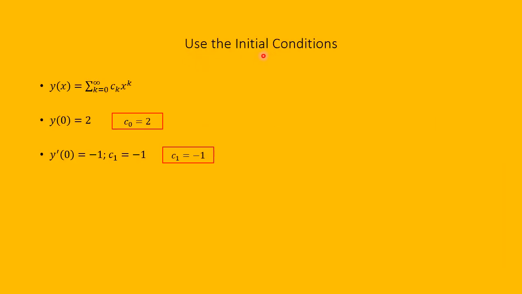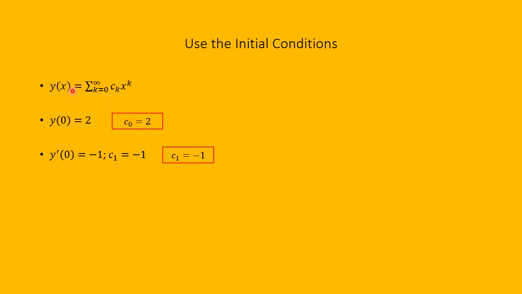Let's see what the initial conditions in the initial value problem give us. Remember that y of x is this infinite series. If we plug a 0 into this formula, y of 0 is just going to be c sub 0 times 1, and that gives us that c sub 0 equals 2.